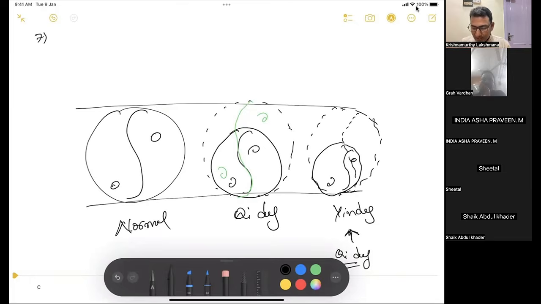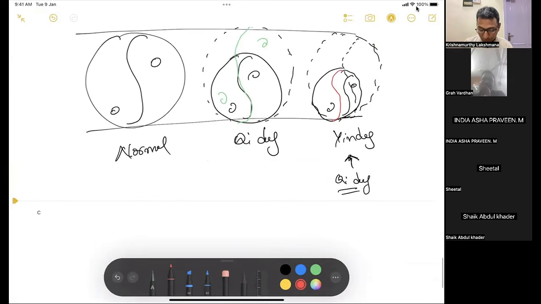So now in Yin deficiency, the Yin and Yang are out of balance. So when you increase the Qi, the imbalance will also try to increase. So it will not suit. So what is it that you have to do? You have to first bring it into balance.